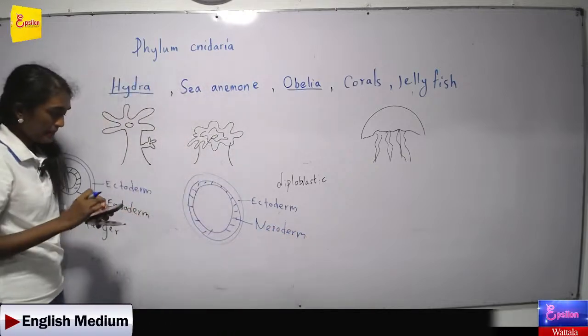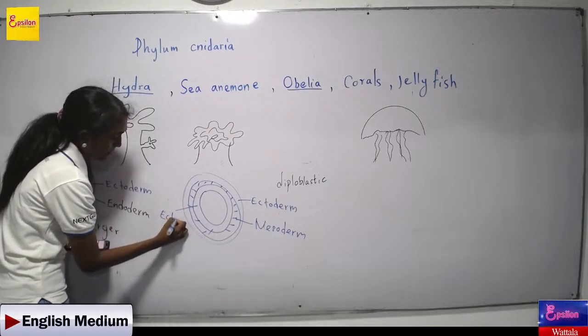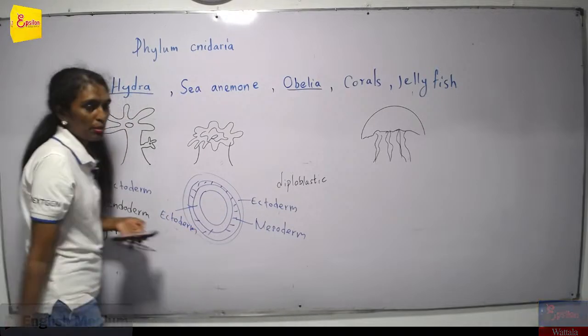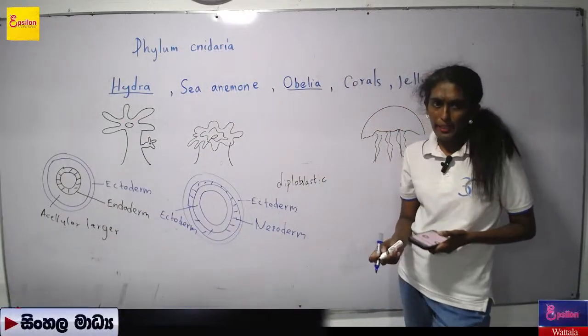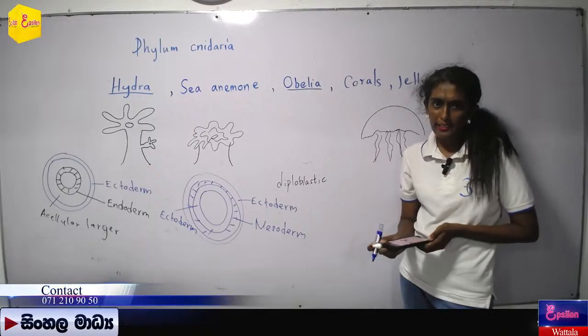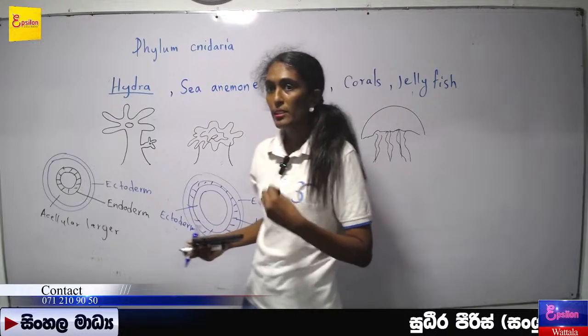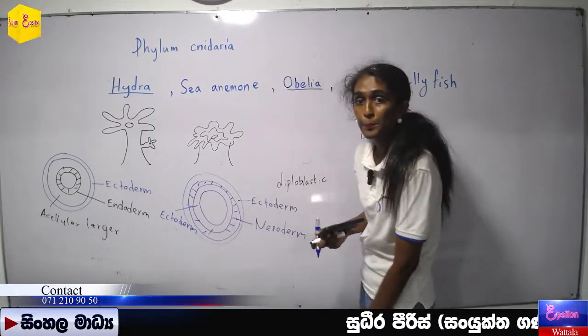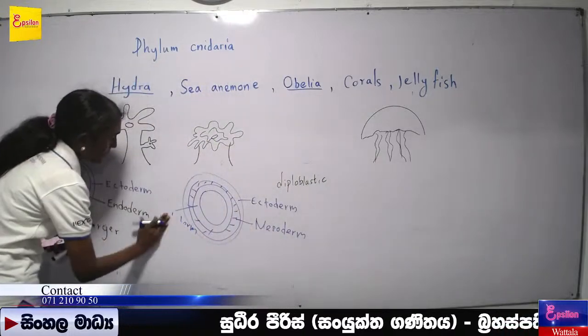And inside, endoderm. Understood now? So which is good for the animals, being diploblastic or triploblastic? Triploblastic is good. So more efficient in the body. Sorry, that one is endoderm, sorry.